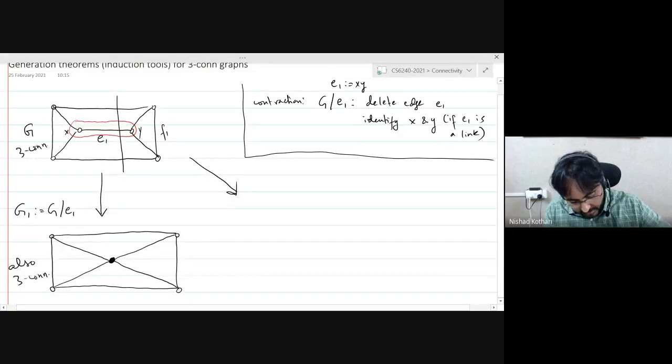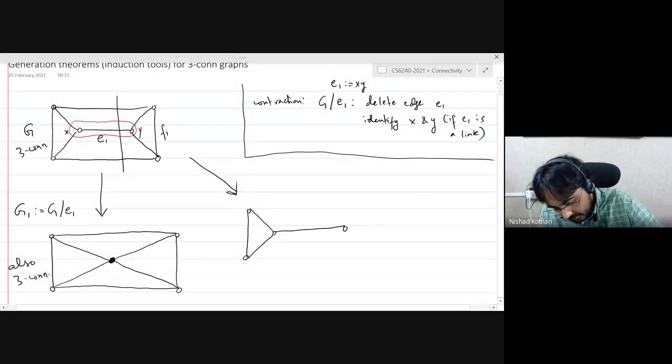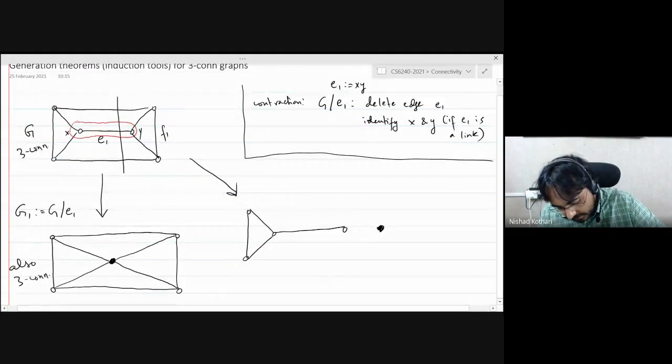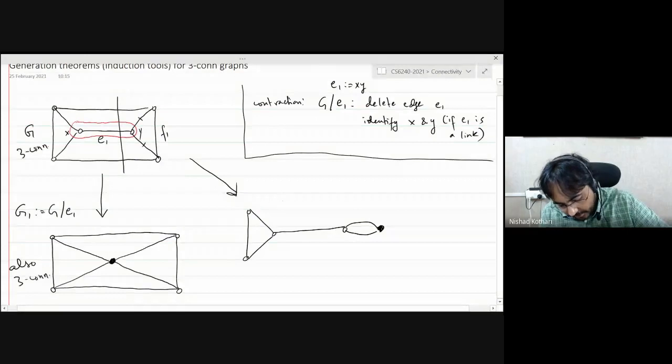Okay, if not, then let's look at this graph G contract F1 and let's see what happens there. So in this case, I'm going to have a single vertex here and its neighbors are going to be, this guy is going to be its neighbor twice because of both of these edges going to that vertex. And then there are going to be these two edges.